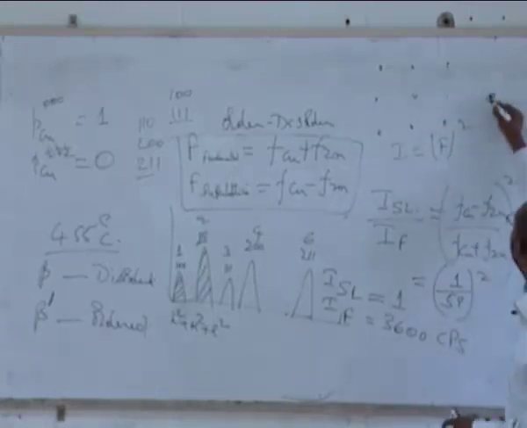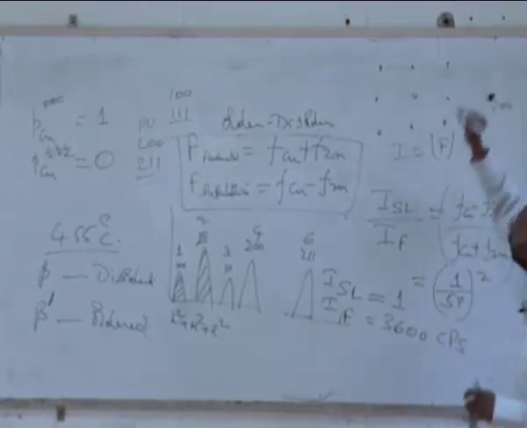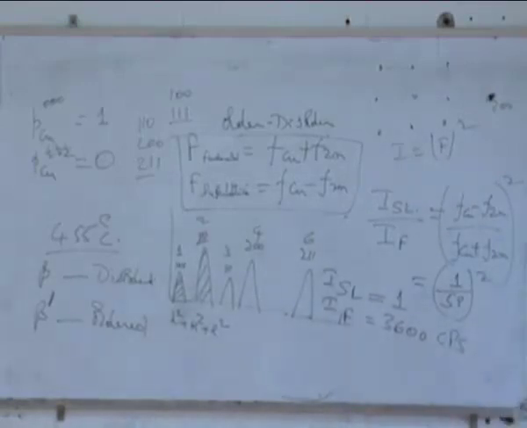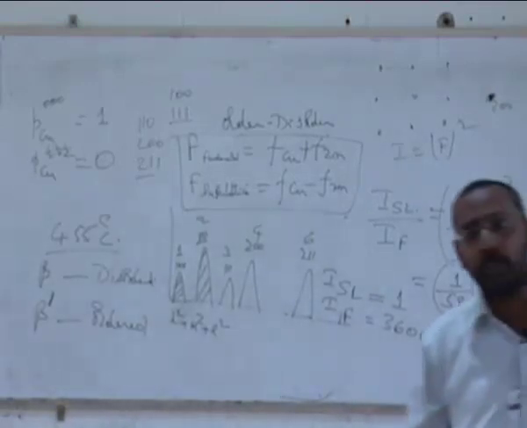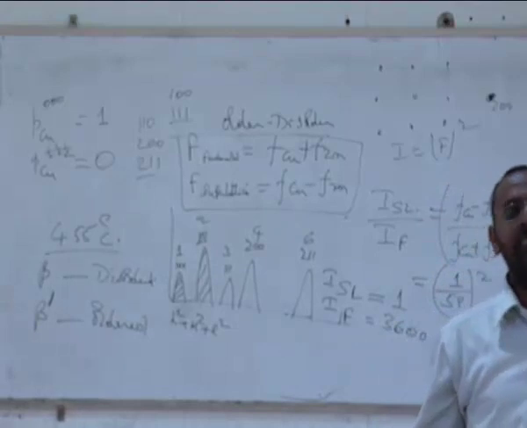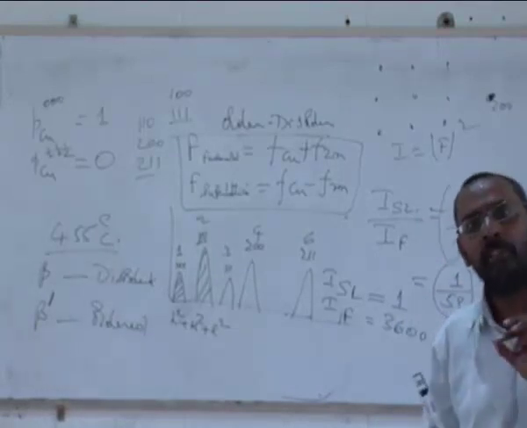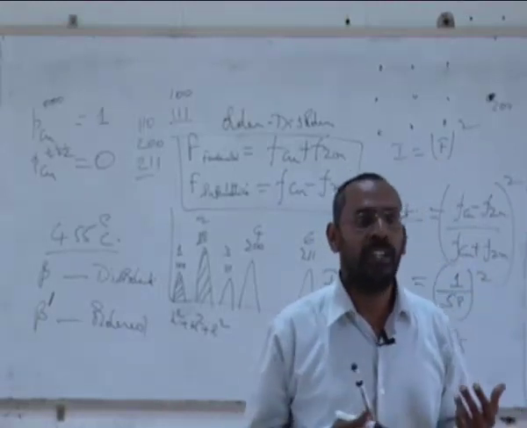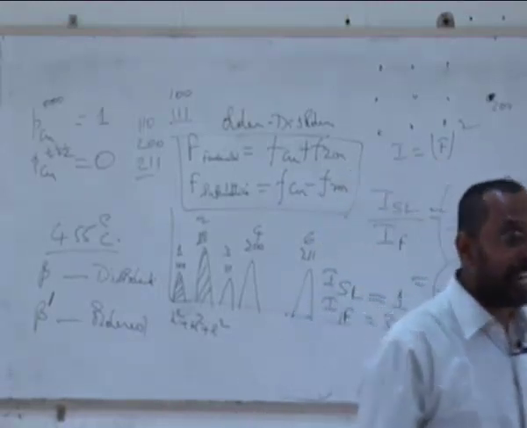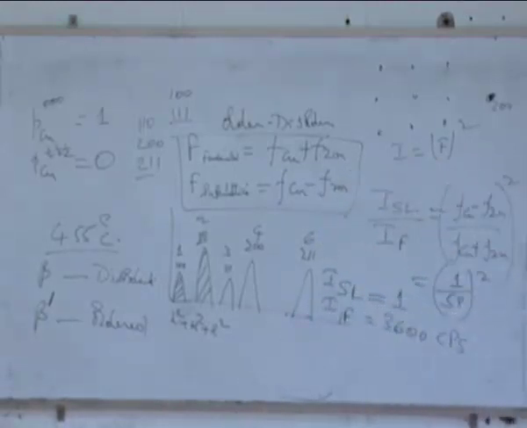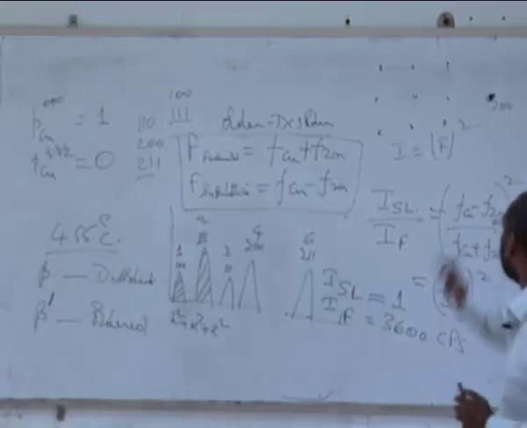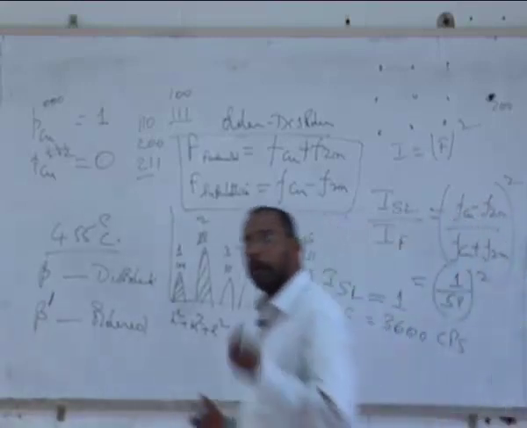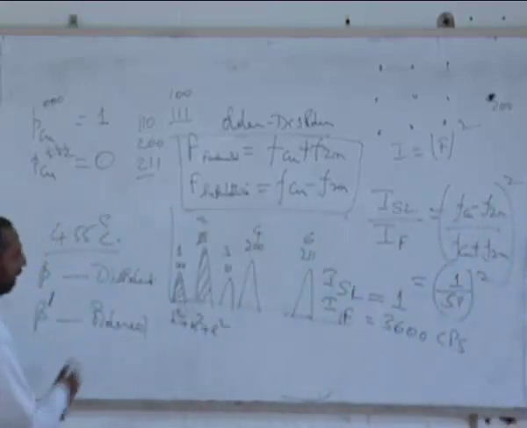If this is such a big spot, I will see it as a small spot, but I will be able to see it. Why am I able to see that? Because my incident beam has such a high intensity, the superlattice reflection still has reasonable intensity for me to see. So I am able to detect superlattice reflections in electron diffraction, but I cannot detect superlattice reflections in X-ray diffraction.